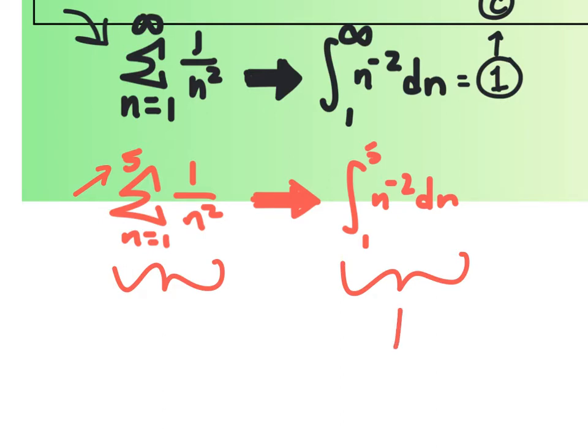We get a number, right? Plus, so this would be the sum of those first 5 terms approximately, plus then the extra, and that extra we're going to call the remainder. We're going to call the remainder of the 5th partial sum. And that remainder is going to have a special property related to integrals. So let's get started.